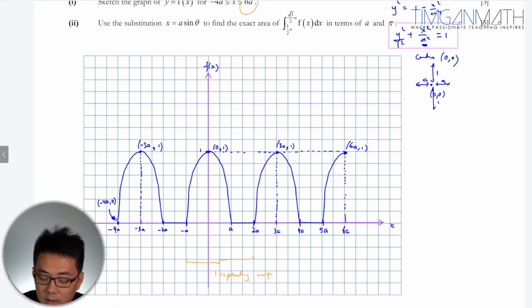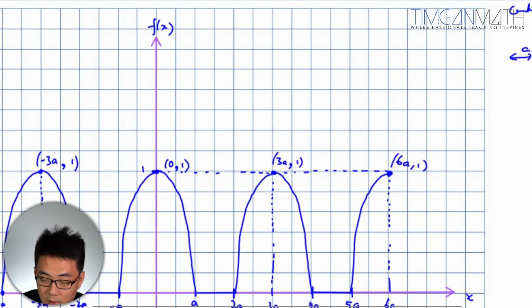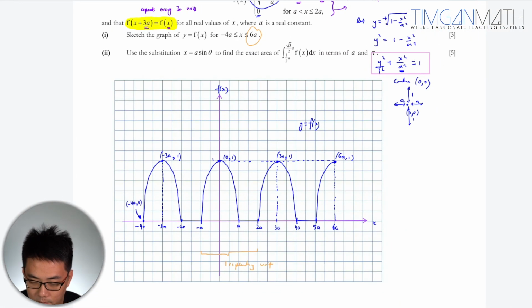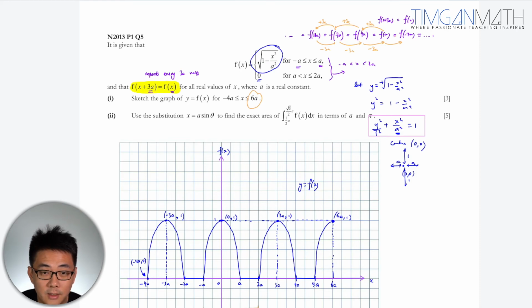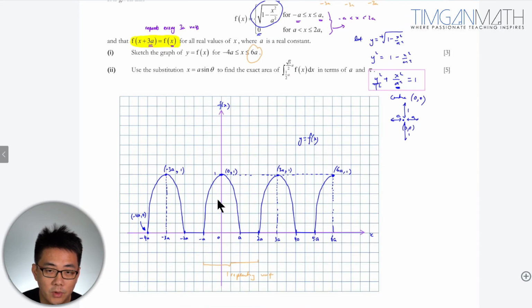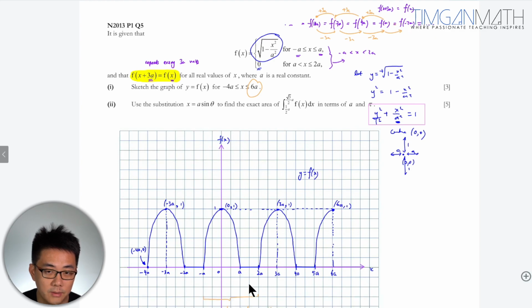Just label the endpoints. Usually is better. As you can see, the repeating unit can be off center here. So sometimes most of the questions would actually be from 0 to some value. Okay, but this case here is from minus 2a to 2a. So just make sure you understand this concept that it can be in the negative region as well for the repeating unit.